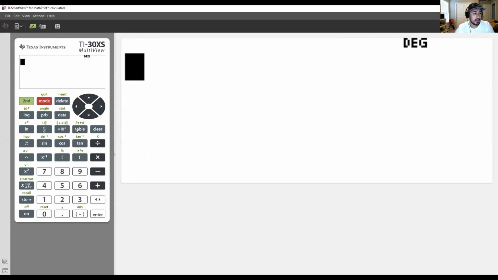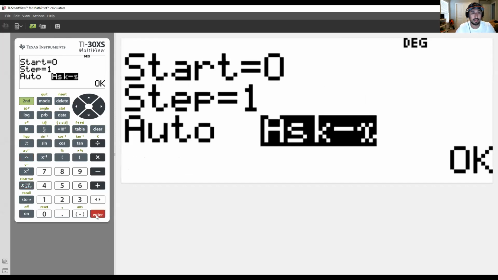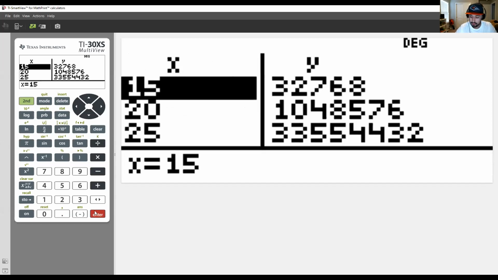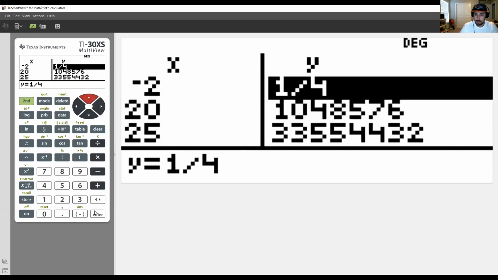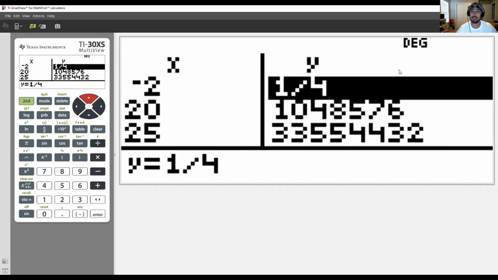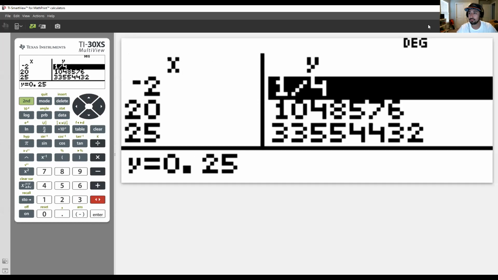Okay, so when I hit table, I get that, and we're graphing 2 to the x. So I type in 2, hit the little caret button, hit x. Enter, enter, enter, make sure it's still on ask x, enter, and now let's type in our numbers. -3 gives me 1/4. If you want to convert this to decimal, just hit the little double arrows there, and it converts it to decimal.